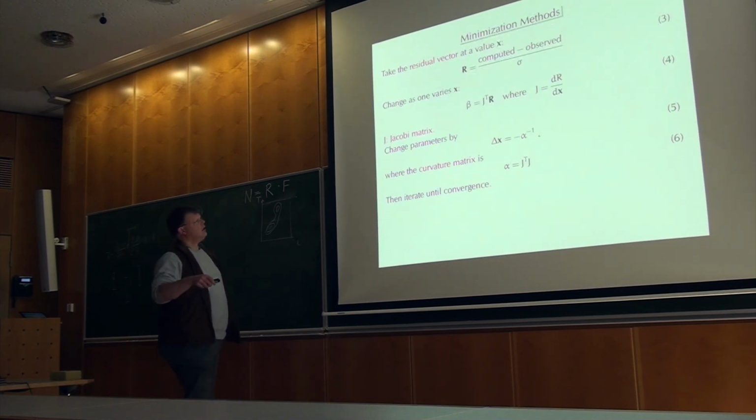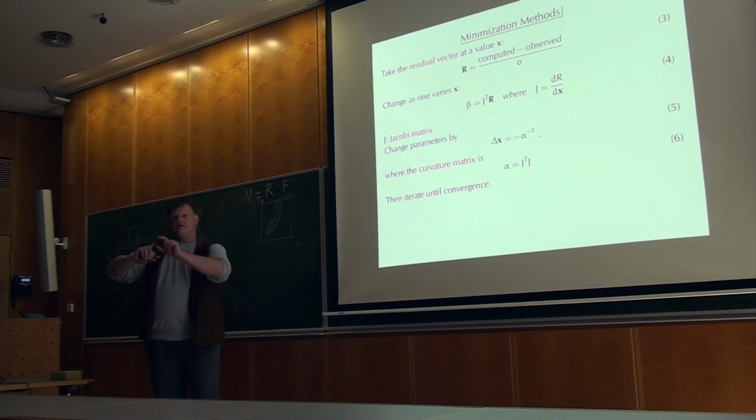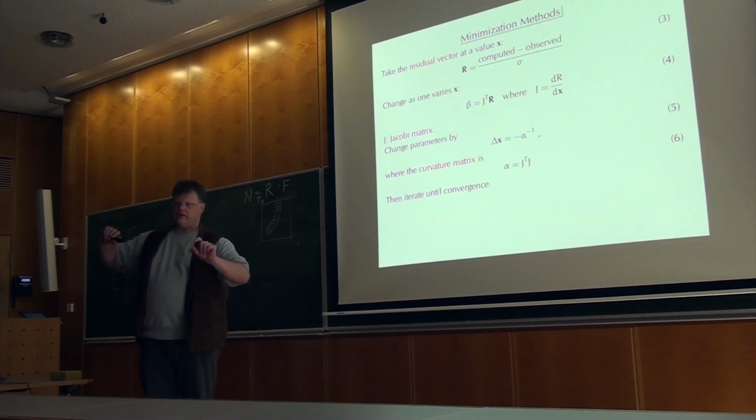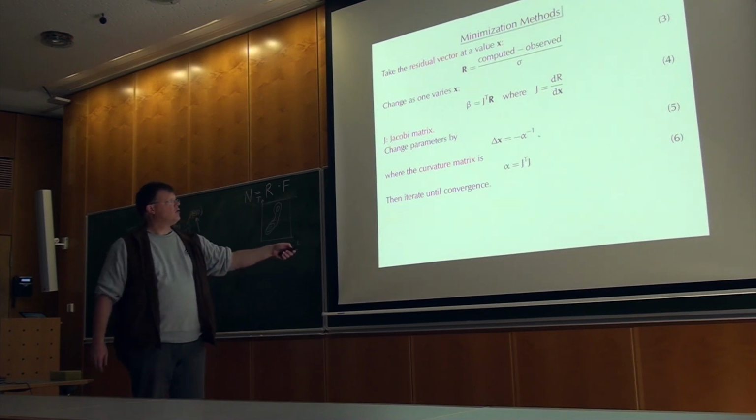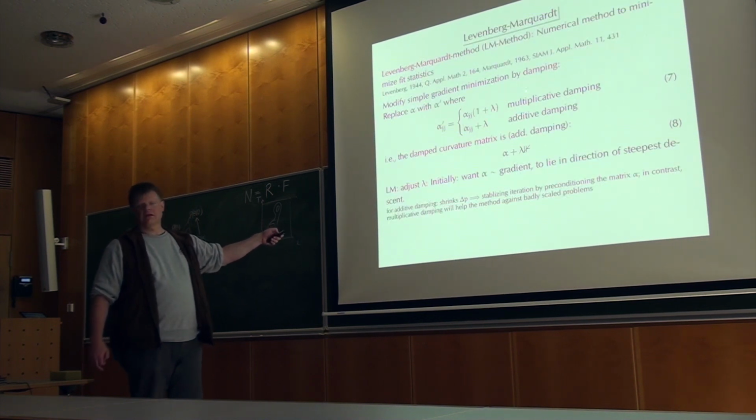Because what you're doing in this step is note that the decision on how far you change your parameters depends on the inverse of the matrix. Okay? And preconditioning means that you make the matrix more diagonal, so you make the eigenvalues more well-behaved. And that means that the computation of the inverse of the matrix works better. That's why many people use this.